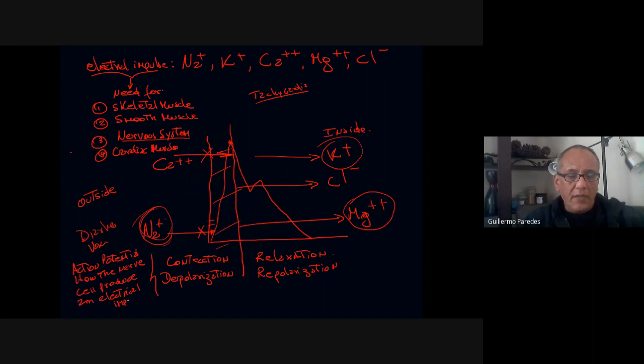The parts of the electrical impulse are the depolarization and the repolarization. Action potential is the depolarization plus the repolarization. What is action potential in a few words? It is how the nerve produces an electrical impulse. You okay with that?